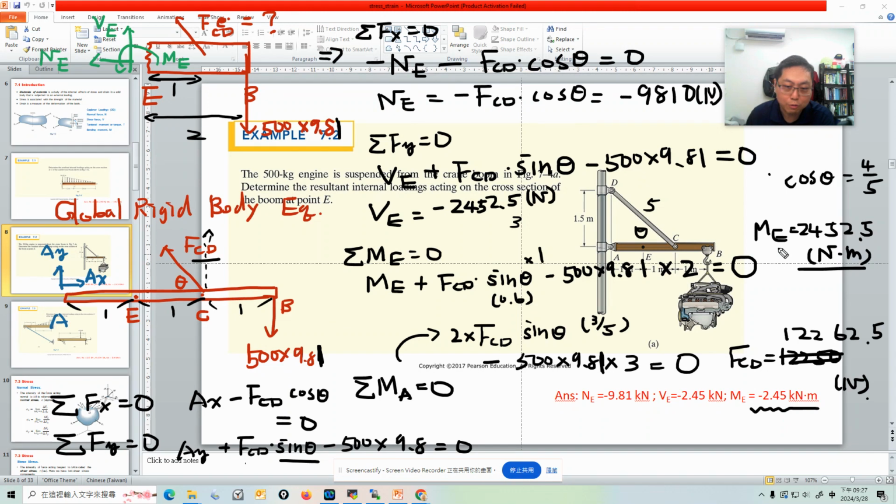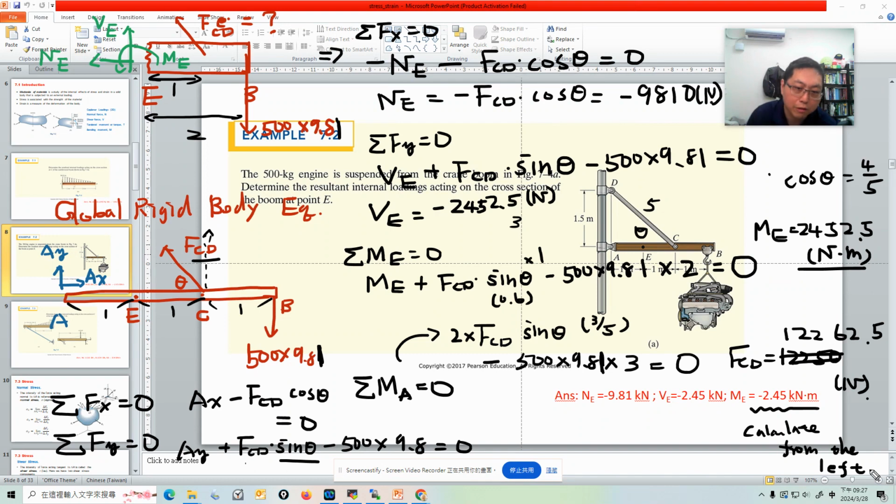So I should make a note here: calculate from the left. But when we calculate from the left, we should have the reverse sign of the shear force. Why?